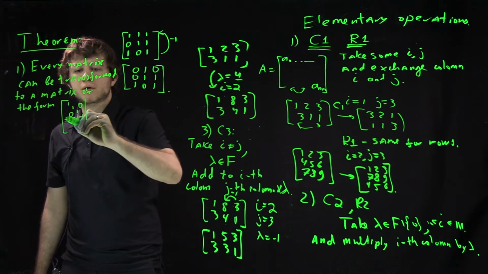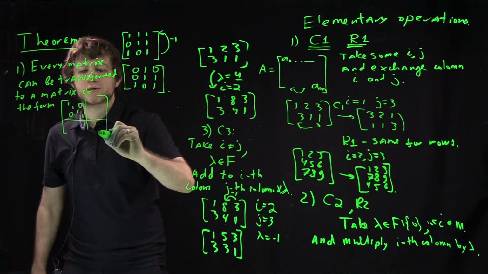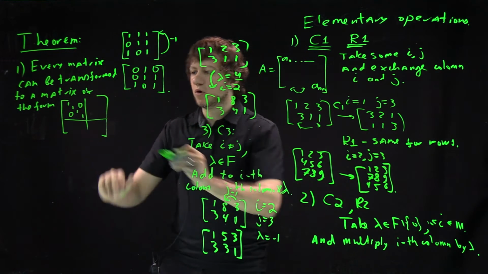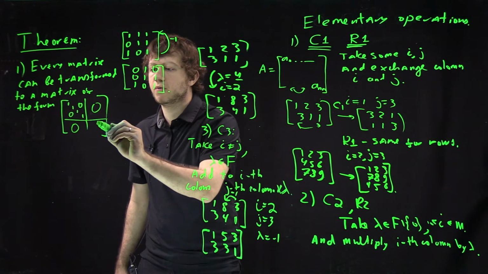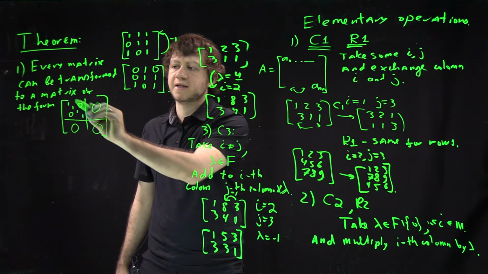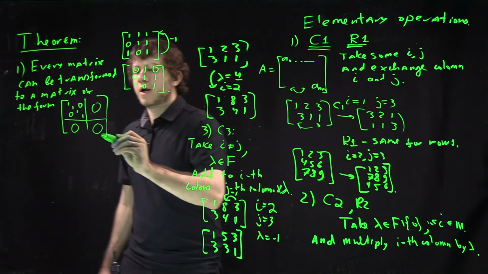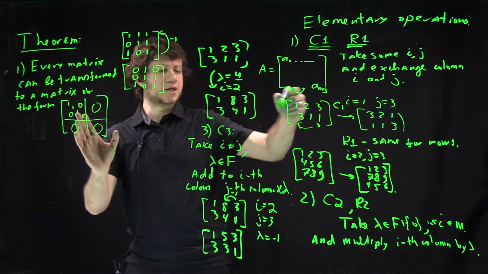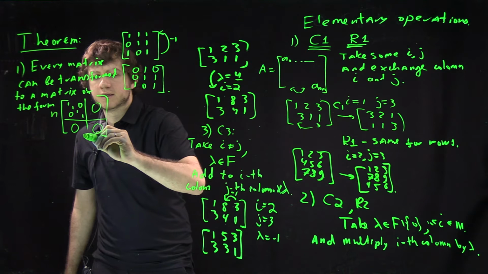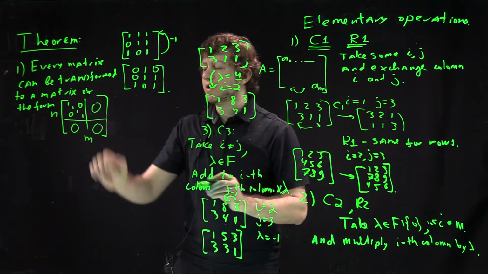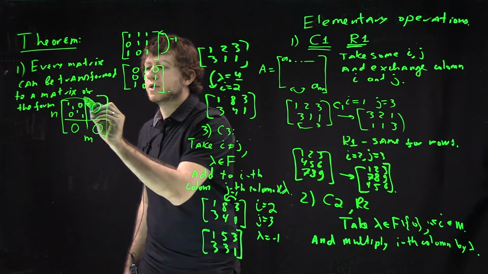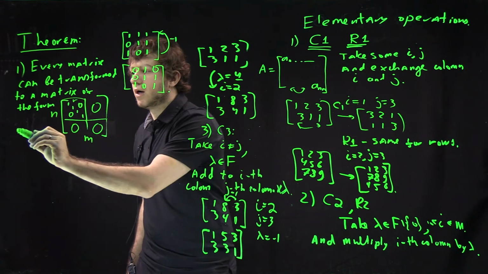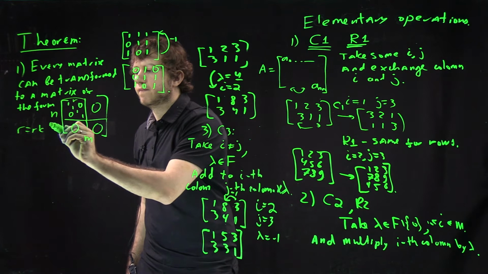This is a block matrix, which just means that there are a bunch of blocks which are easy to describe. Here we have 0 everywhere, 0 everywhere, 0 everywhere, and here we have the identity matrix, where the sizes are of course the same. So this is n, this is m, and to specify such a matrix, we need to say how many ones there are, and the number of ones is equal to r, where r is the rank of A.